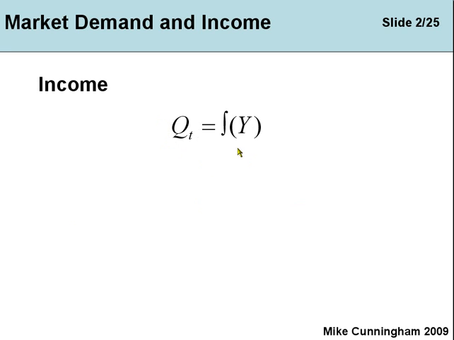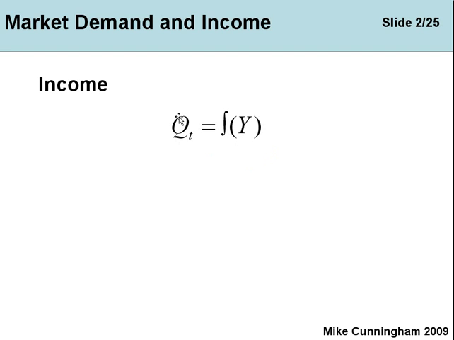And income is written as Y in economics for no good reason really. It's a custom, it's a tradition in the subject that when we see Y we know it's income. Apparently John Maynard Keynes back in the 1930s wrote income as Y, and it stuck.